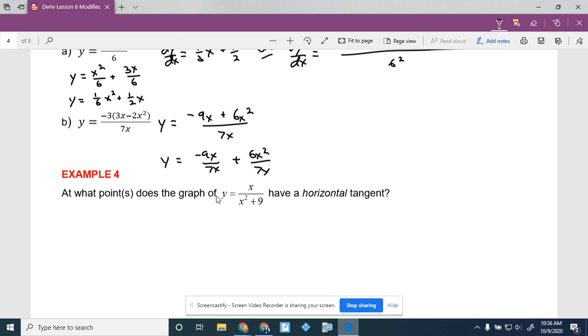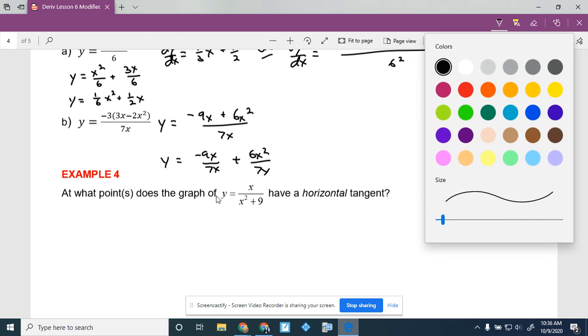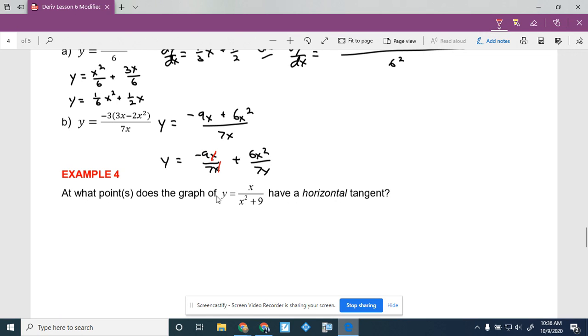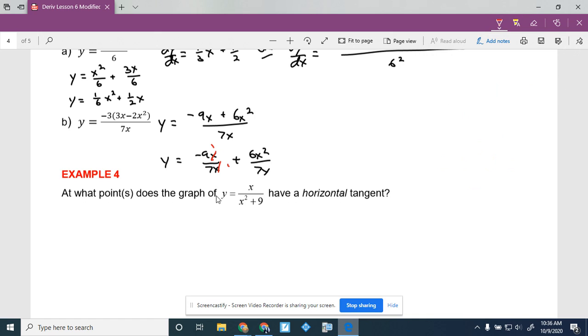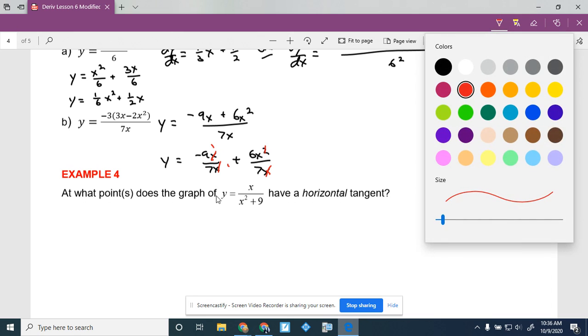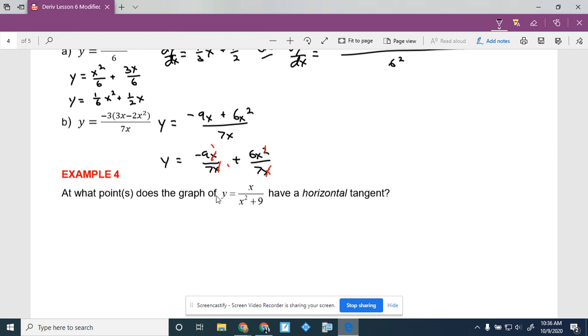All right, and what happens here? It looks like I can cross these x's out. We've got little factors there. And I can cross out one of the x's here as well. It doesn't look like an x, but it is. And so then I end up getting y equals negative 9/7 plus 6/7 x.